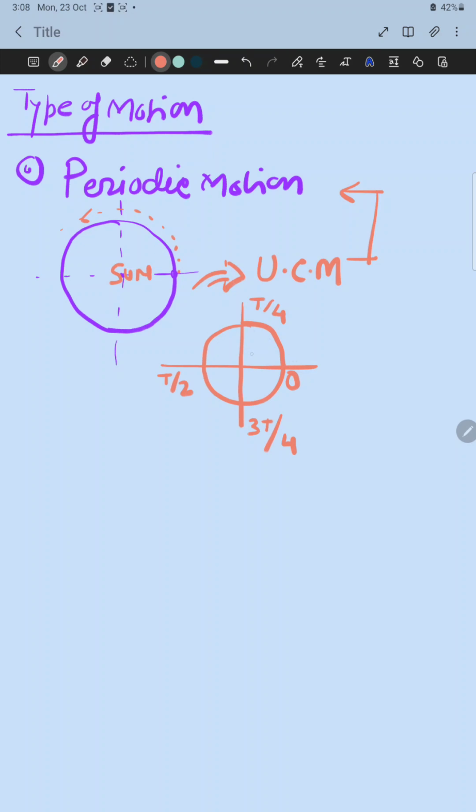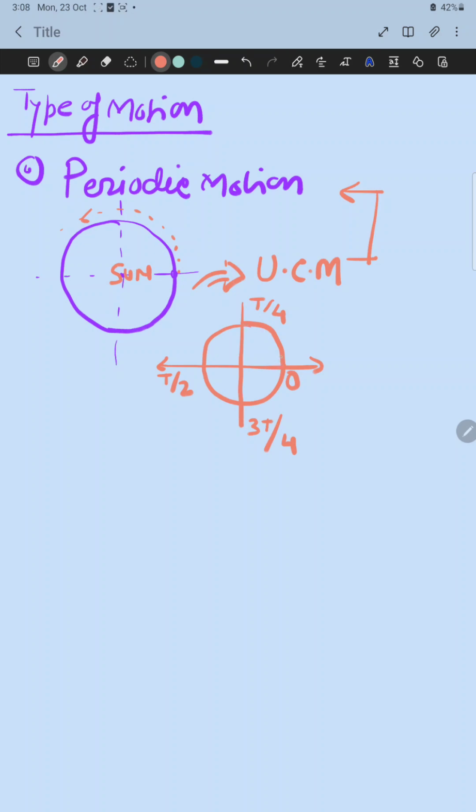What you can observe here is that the particle executes its motion in certain, constant periods. So any periodic motion is a special type of motion where the particle completes its journey in some constant time.